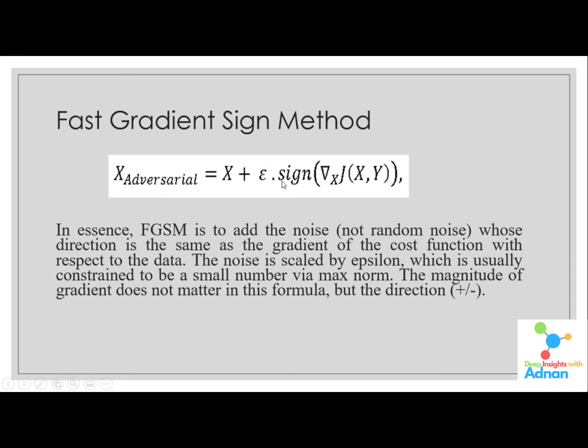Initially we will use the gradient of the model, and after that, with the use of epsilon, we add the perturbation to the image x. It moves the image from one class to another by adding perturbation.